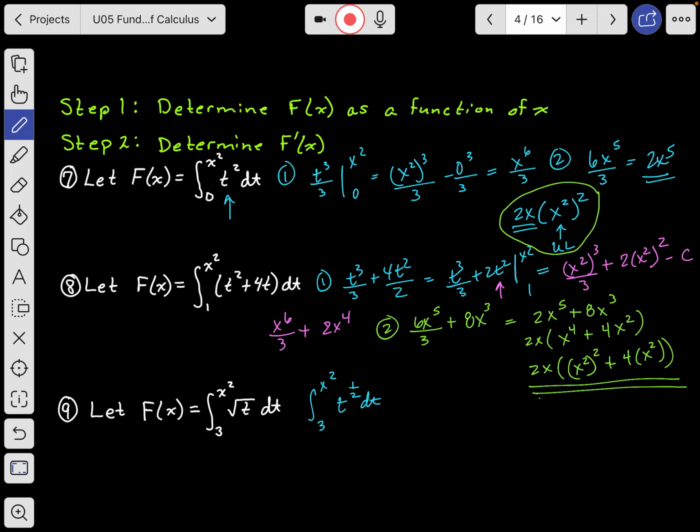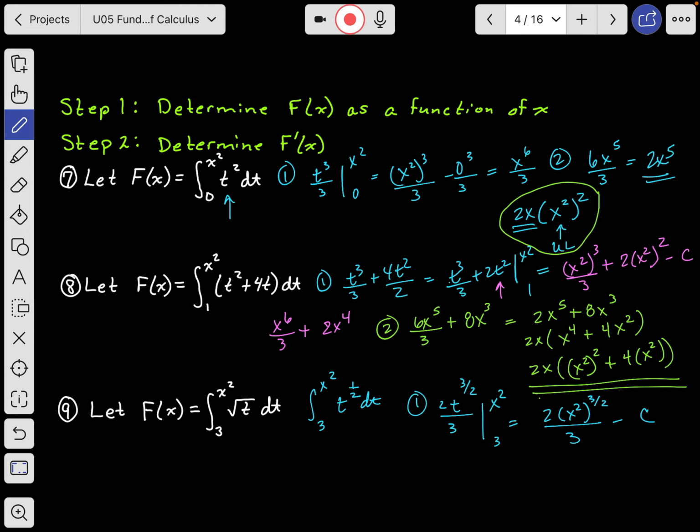Step 1, t to the 3/2 over 3/2, or times 2/3, and then we're going to evaluate that from x squared to 3. If I plug in the x squared, it's 2 times x squared to the 3/2 over 3, minus, plug in a constant, and that's just going to go away later.